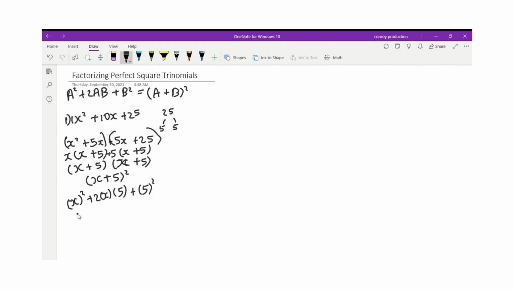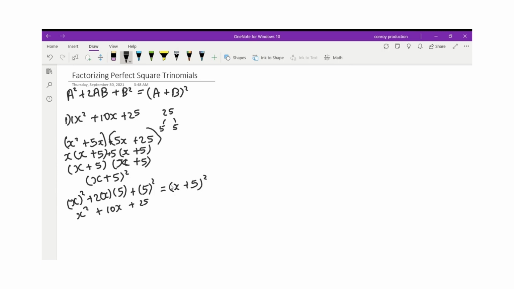Right here, we'd have x squared plus 2 times x times 5, that is 10x, plus 25. And that is equal to a plus b, which is x plus 5, all squared.